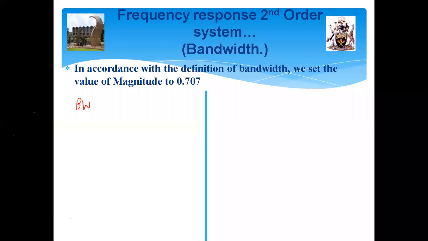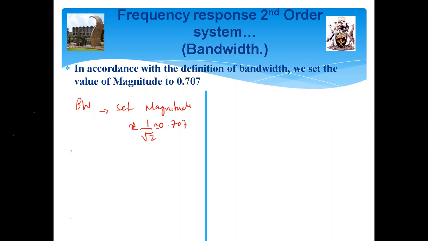So the only way we get to this bandwidth is when we set our magnitude to approximately 0.707.